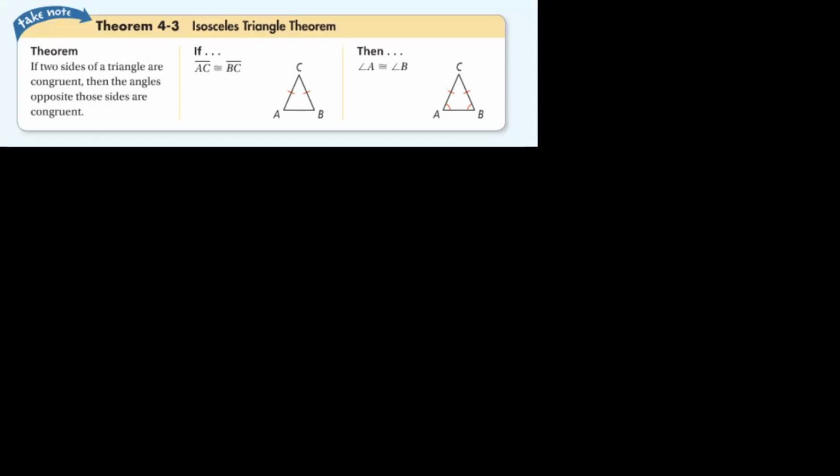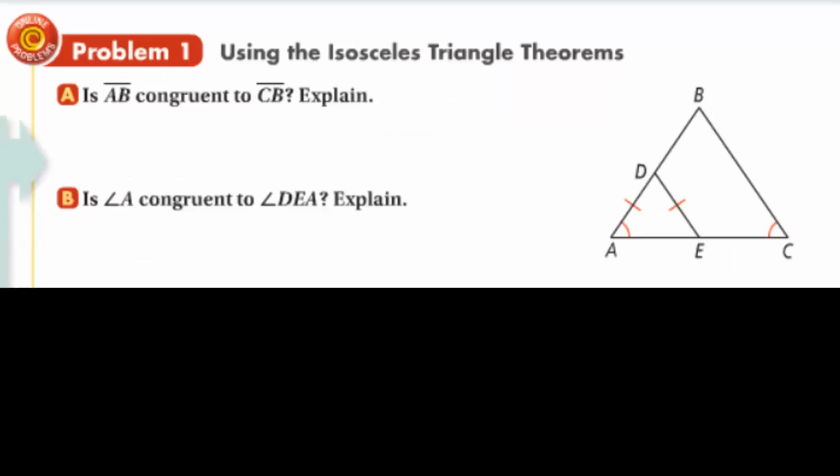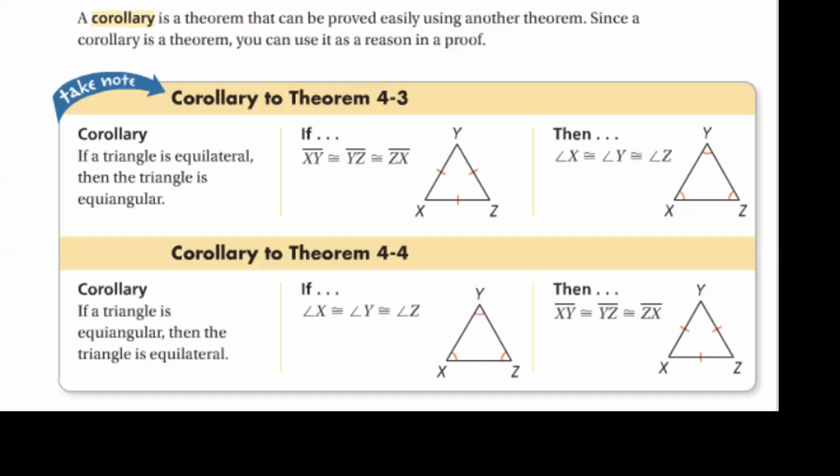In this one, we say that if AC is congruent with BC, their angles will be congruent. I was talking about two sides. If these two sides are congruent, their angles will be congruent too.